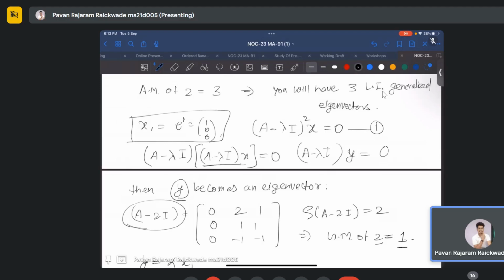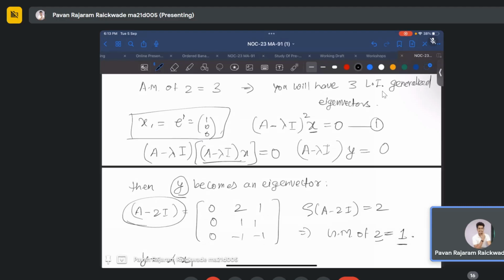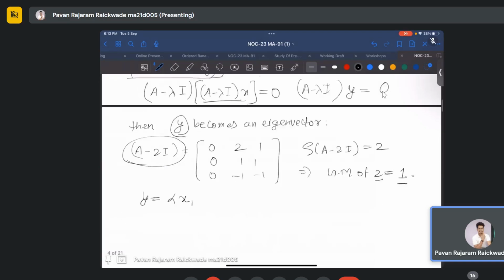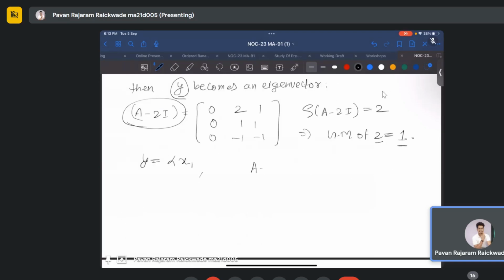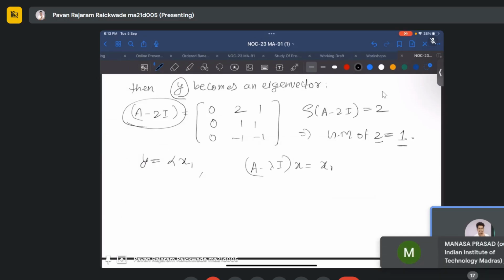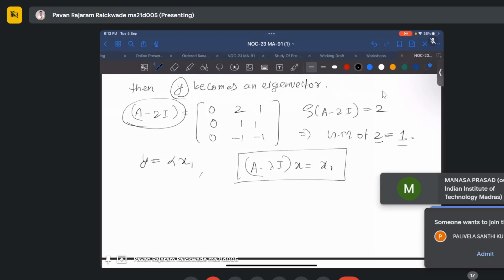Correct? That means if I want to find an x such that (A minus lambda I) squared x equals 0, I have to find that x should satisfy this equation: (A minus lambda I) x is equal to x1. Do you get this point?